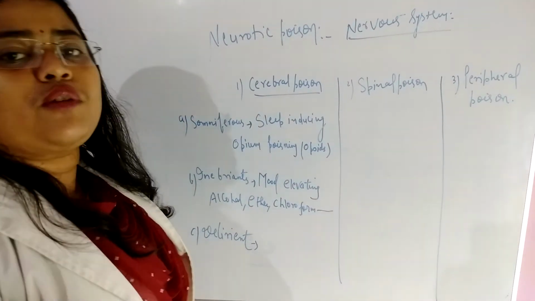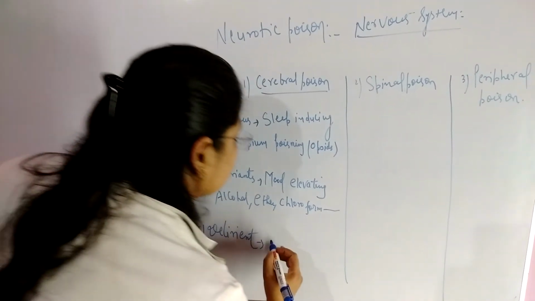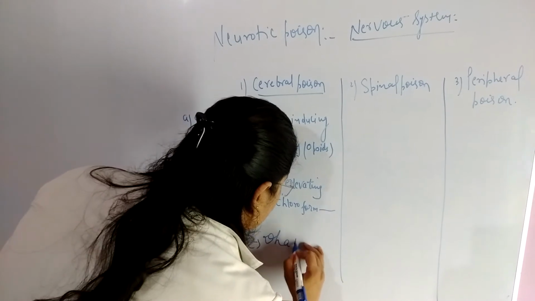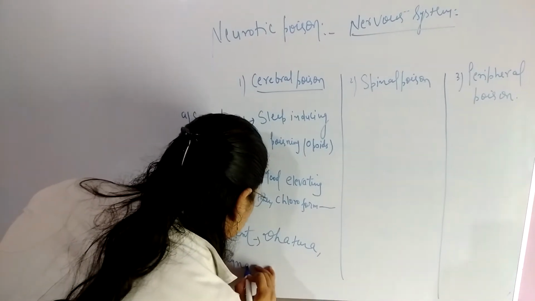The best examples are cannabis indica and dhatura poisoning.